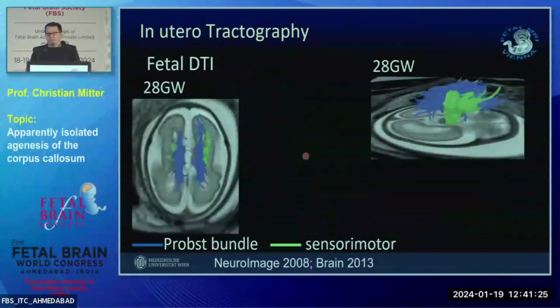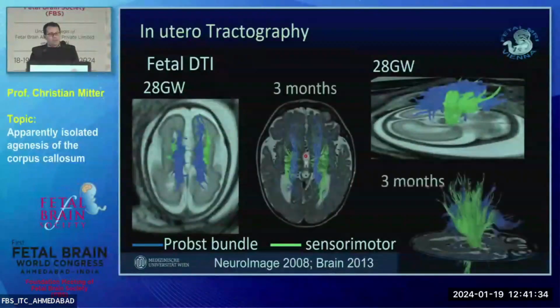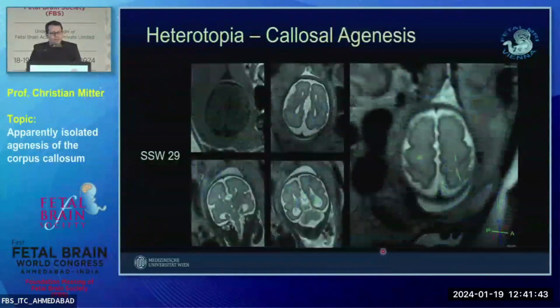Probst bundles can be visualized in utero with fetal tractography, as you can see here in a 28 gestational week fetal brain, as these blue fiber structures. And this is the same case a few months later, postnatally, where the findings are confirmed.